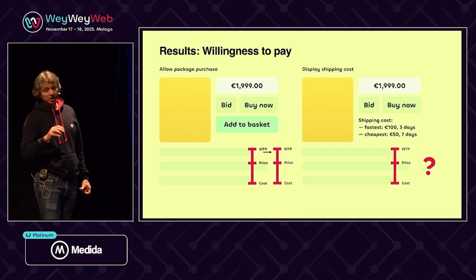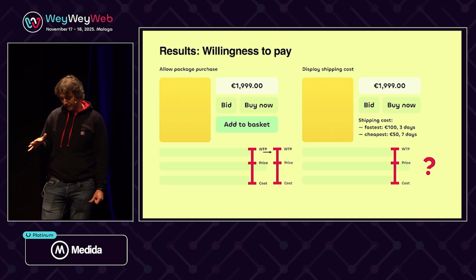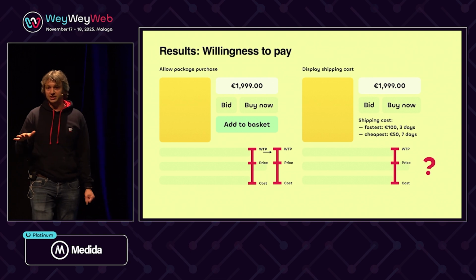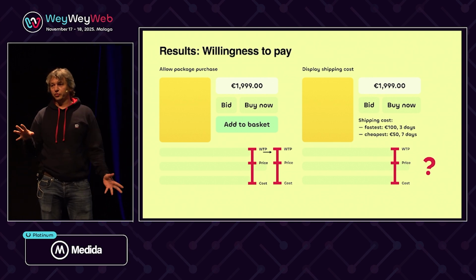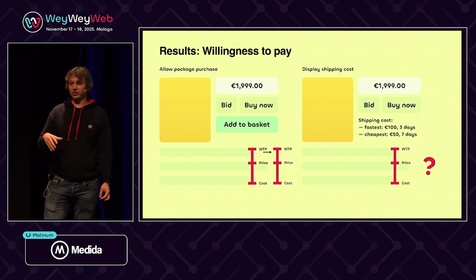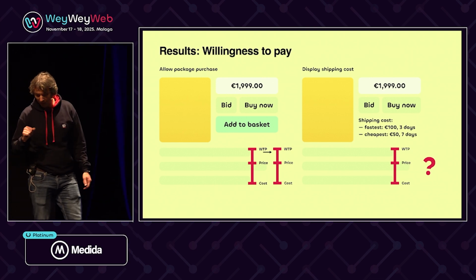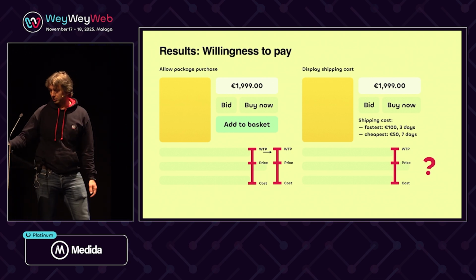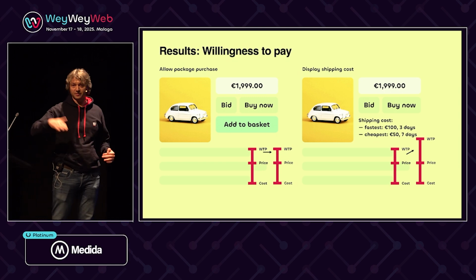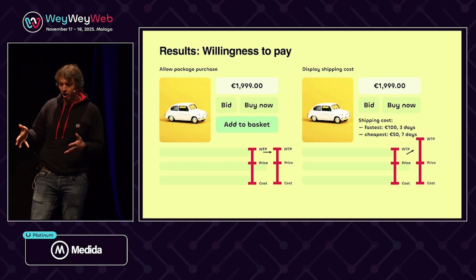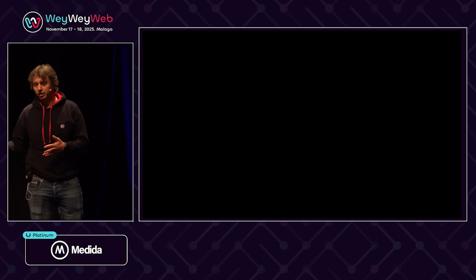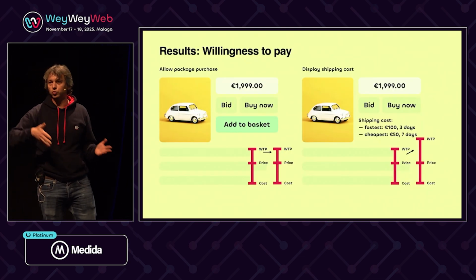the packaging feature, it happened that it didn't change customer behavior at all. So it didn't increase the number of items sold, and in fact, only a few users tried this feature during the next year. But when we built the shipping cost feature, it had a massive impact. People could immediately see on the bidding page how much it would cost to move a car, for example, from Malaga to Warsaw.